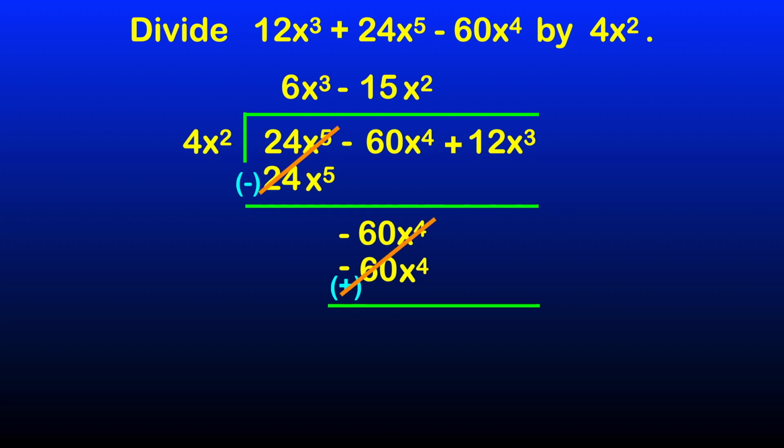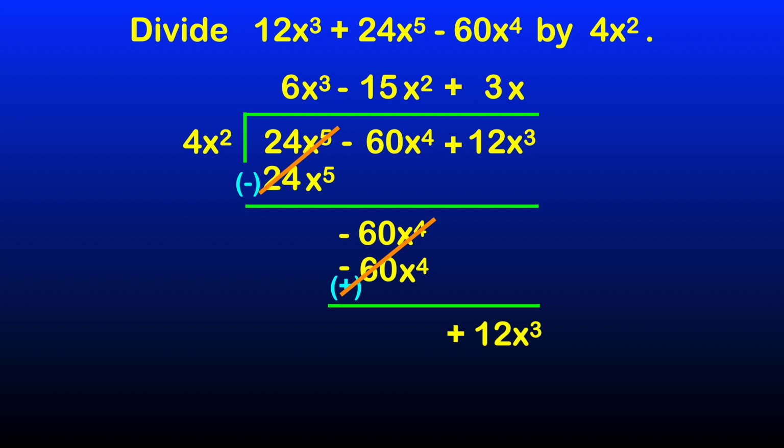And then bring down. Pag nag-bring down, pwedeng kasama si positive, pwedeng hindi, kasi pag positive, understood na yon. So, positive divided by positive is positive. Then, 12 divided by 4 is 3. Then, x cubed divided by x squared is x.